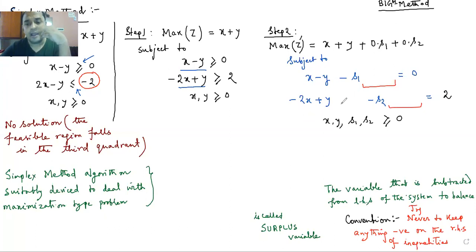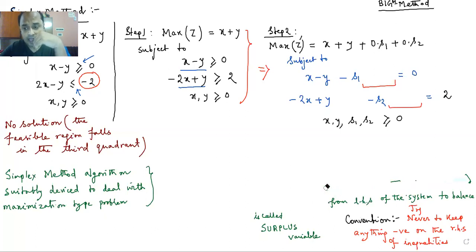But before that, I want to show you what is happening if I change the system this to that. So I'm deleting these definitions that I have written over here, this convention part and this definition of surplus variable.